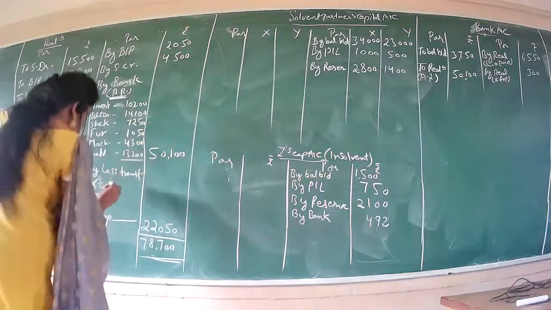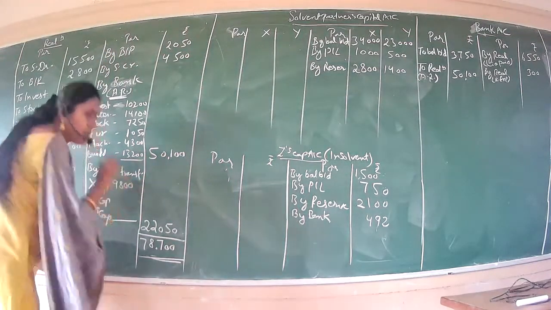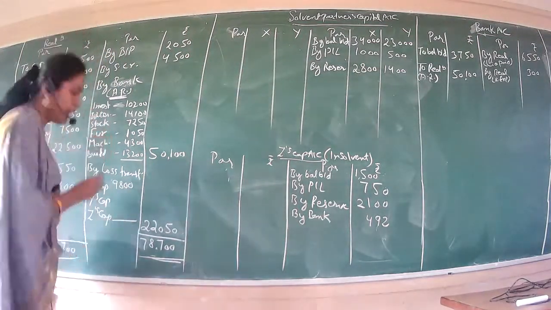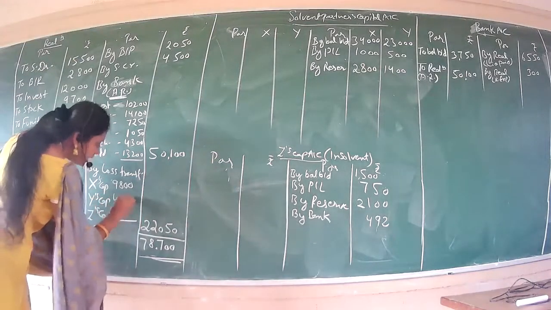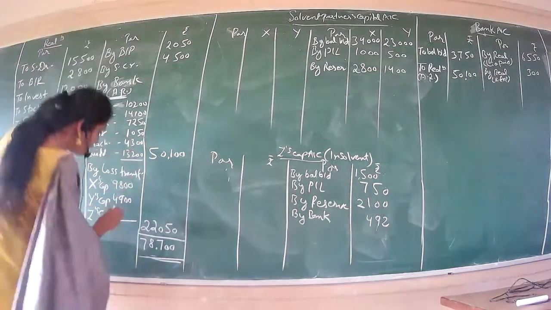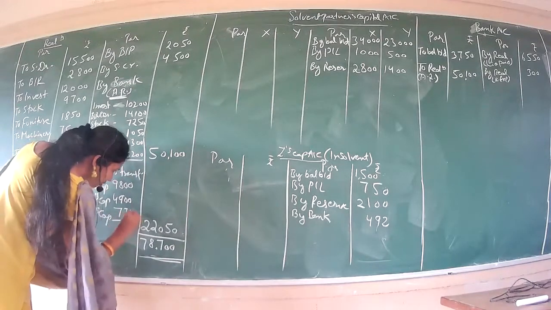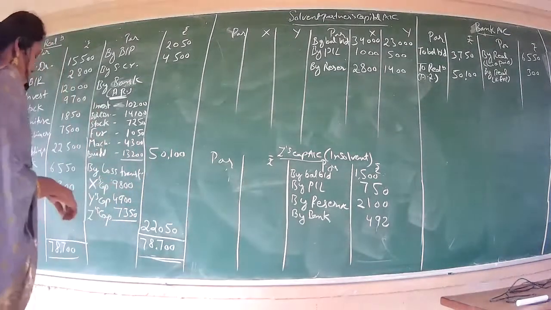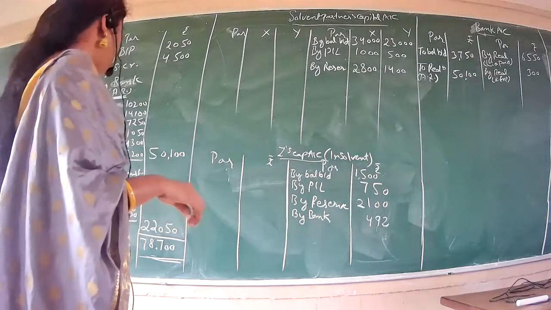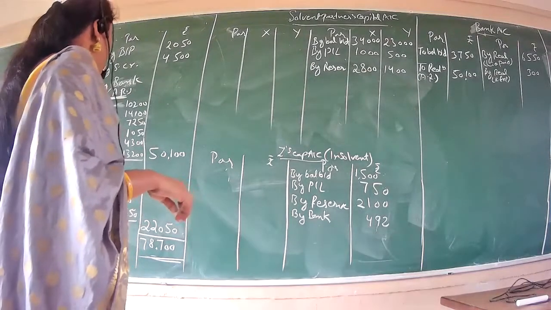So X will have 9,800, Y will have 4,900, and Z will get 7,350. With this calculation of your realization loss, your realization account got closed.